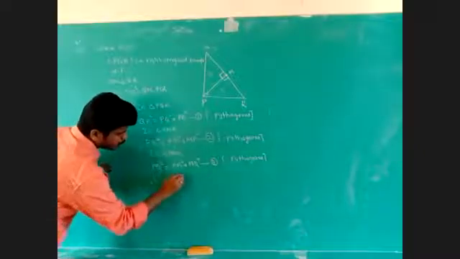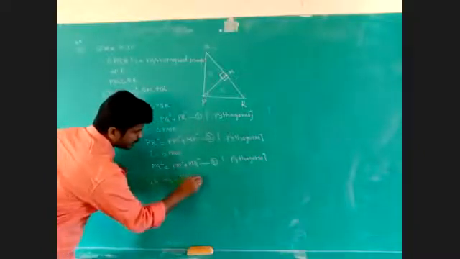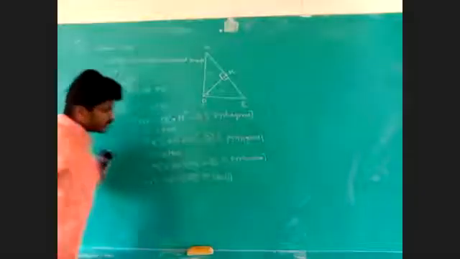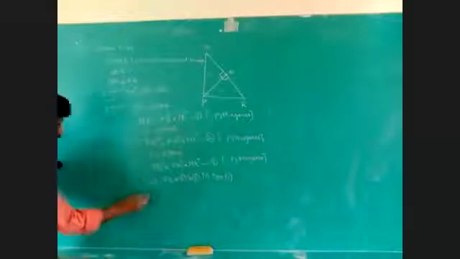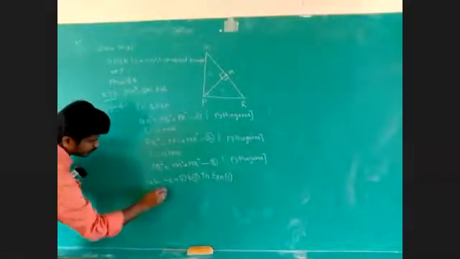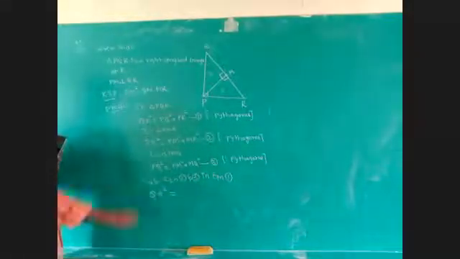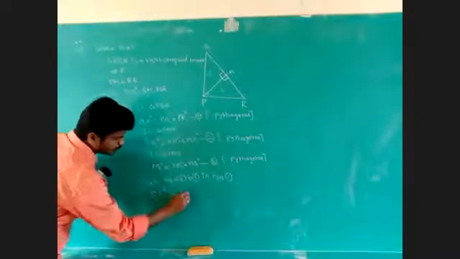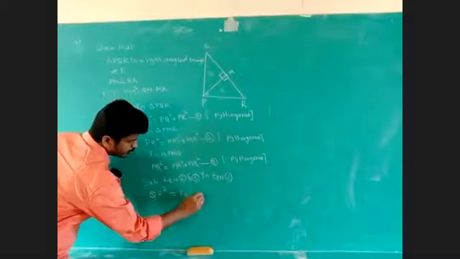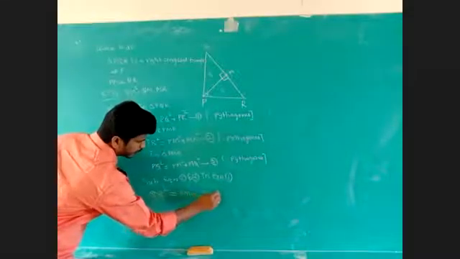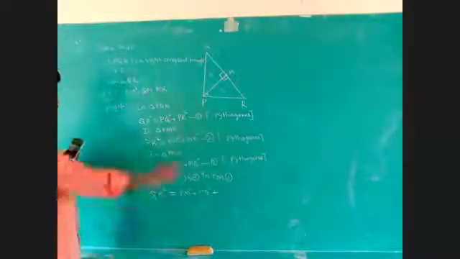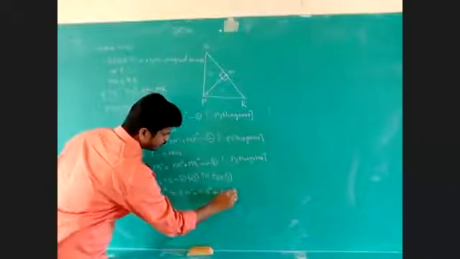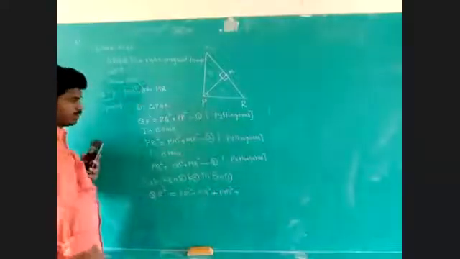Substitute equation number 2 and equation number 3 in equation number 1. QR square equal to PQ square, which is PM square plus MQ square, plus PR square, which is PM square plus MR square.